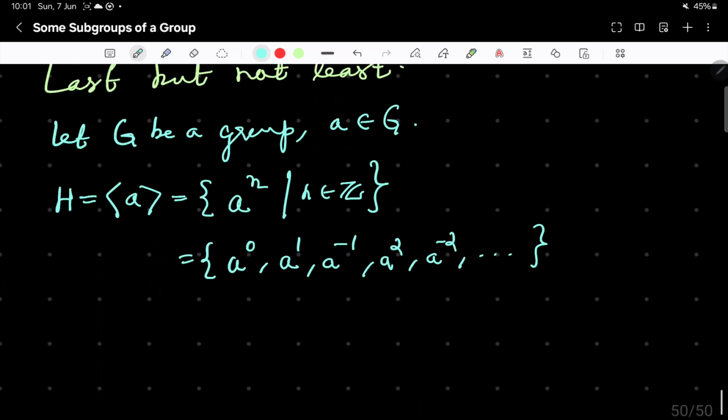We prove that this is in fact a subgroup of G.